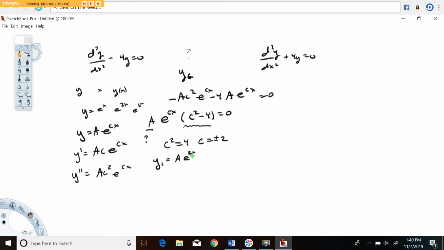But an entirely different solution is y equals maybe some other constant. I'm going to go ahead and put b e to the minus 2x, because these two different values for c, plus 2 and minus 2, give us two different types of functions here.